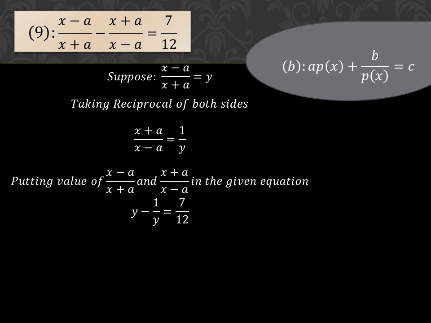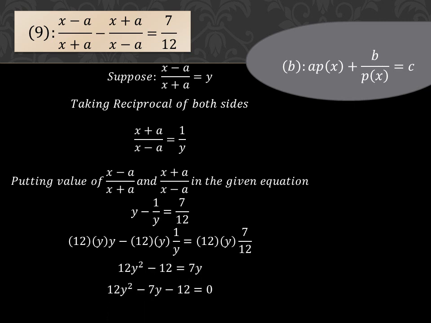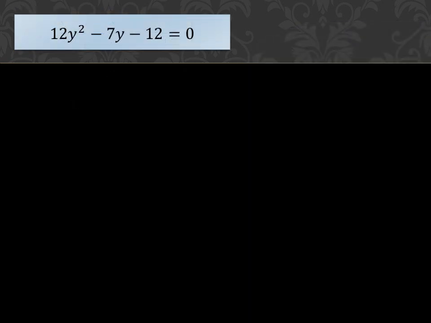After multiplication, we will get 12y square minus 12 equals 7y, and after arranging the equation, we will get 12y square minus 7y minus 12 equals 0. This is the last step from the previous slide.